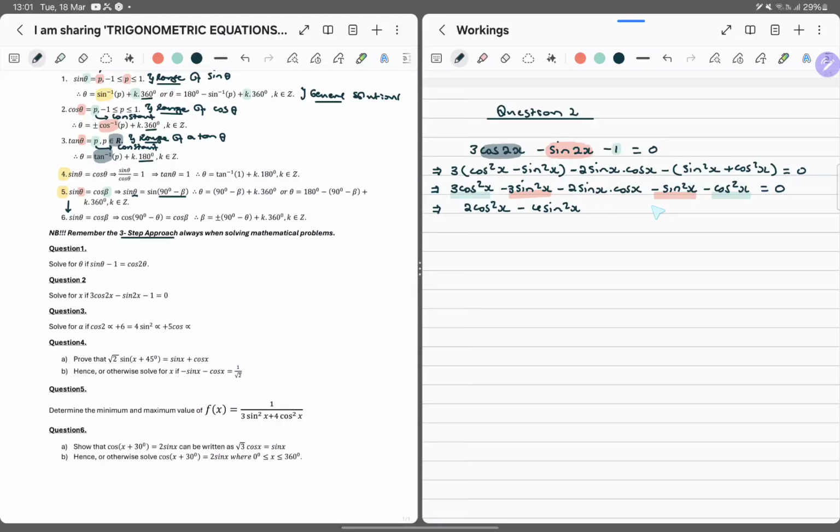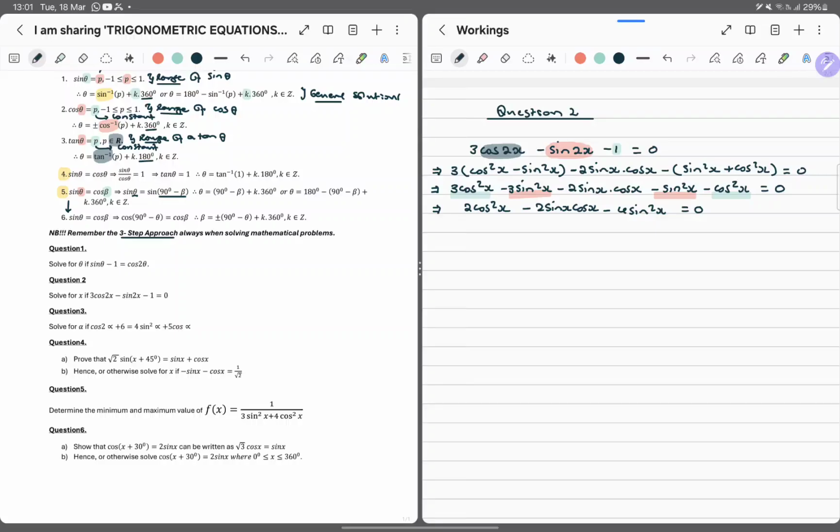And in fact, I would rather we push this away so that we can see our trinomial nicely. We want this middle term here. This is 2 sine x cos x. Now this is equal to 0.